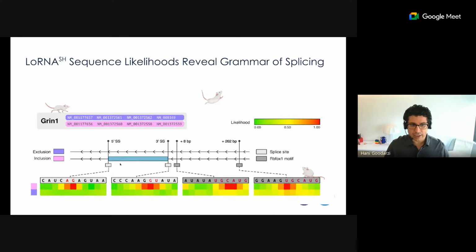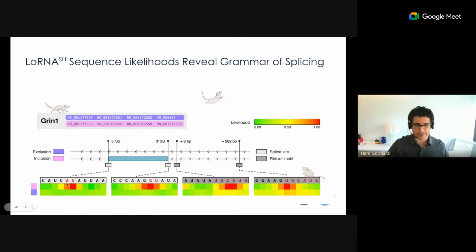But when this is included as an exon, in this row, the model actually pays attention to things that should matter, right? For example, the splice site AG, if you mask it, the model likelihood changes a lot. Here as well on GU, it changes a lot. So the model has understood what the splicing signals are.